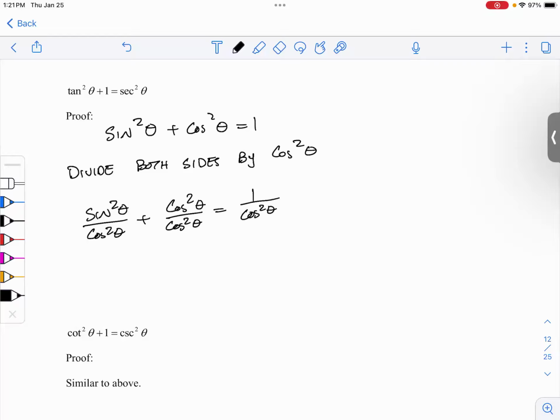So what we have, let's write it out actually. Cosine squared divided by cosine squared is 1. So pulling the powers out so we can see the exact trigonometric functions: sine divided by cosine, tangent.